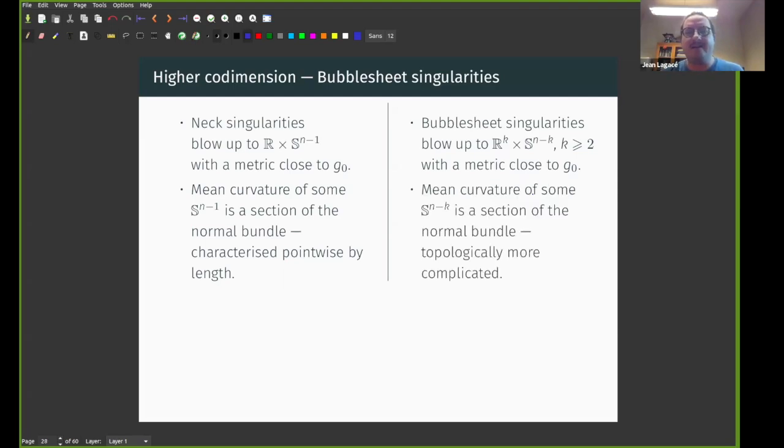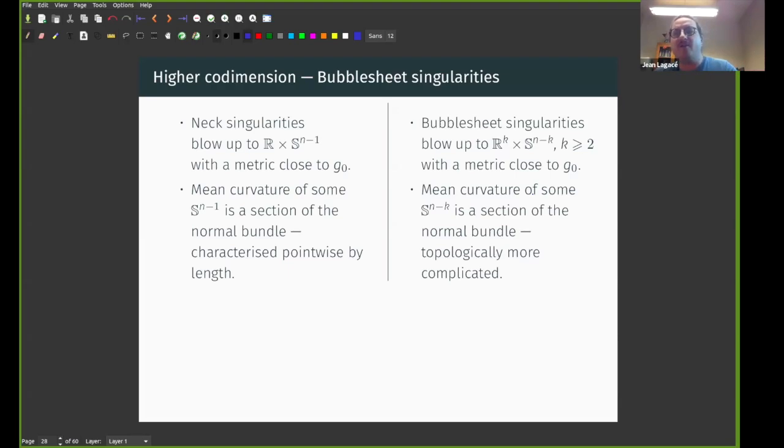And it's not completely clear what constant mean curvature means for a section of the normal bundle to S^(n-k). In this case, the fibers are k-dimensional. The bundle itself might not be trivial.